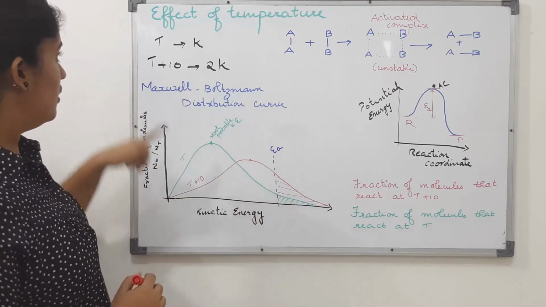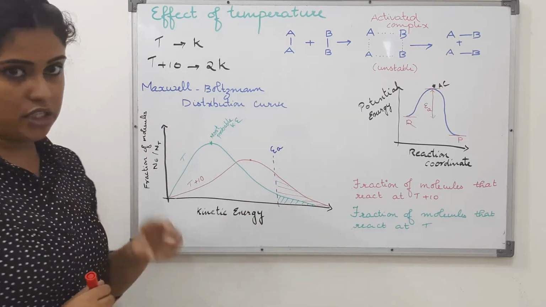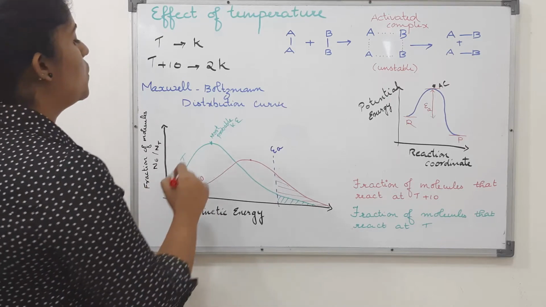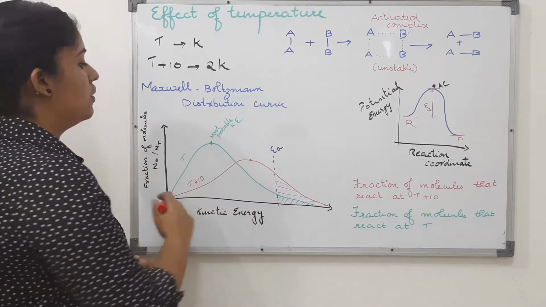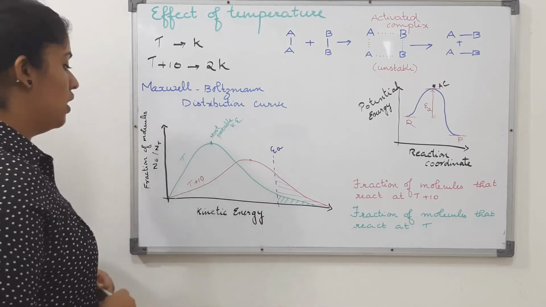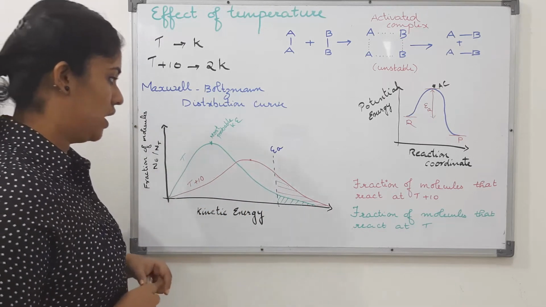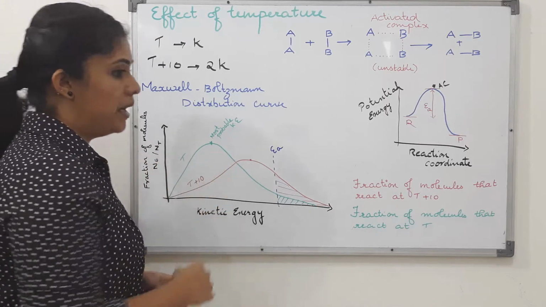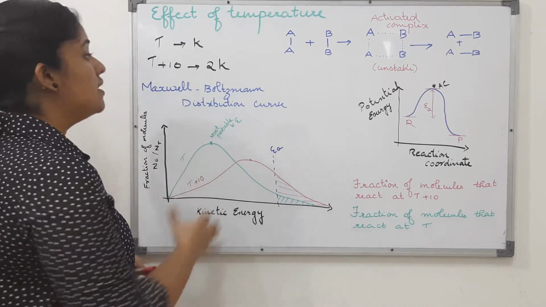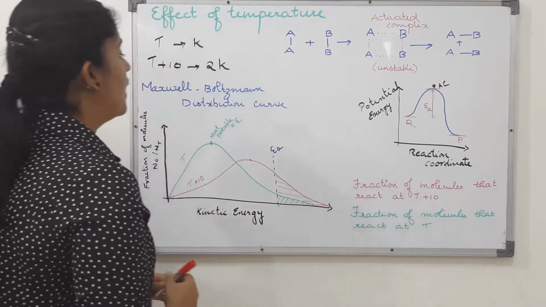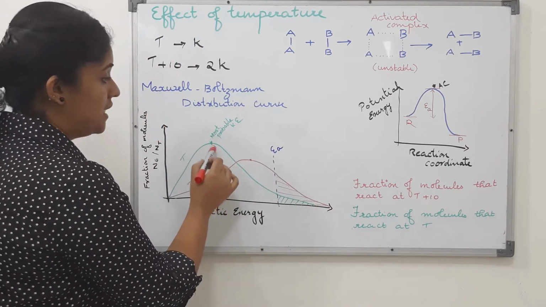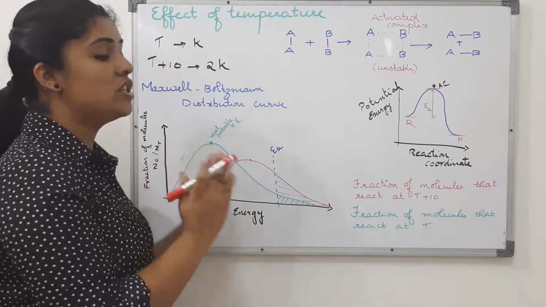Now, if I consider this Arrhenius case of two temperatures, T and T plus 10, the green graph corresponds to temperature T, and the red graph is the distribution curve for temperature T plus 10. With increase in temperature, the Maxwell Boltzmann distribution curve shifts towards the right, or I can say that the most probable kinetic energy at the peak shifts towards the right.